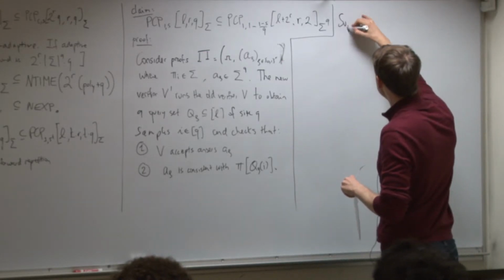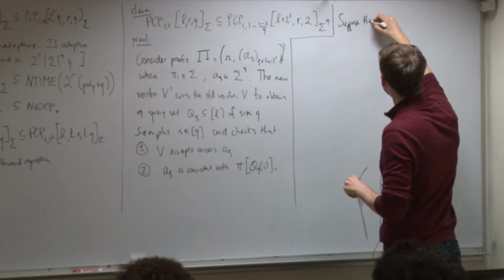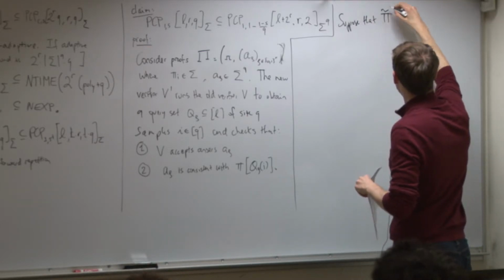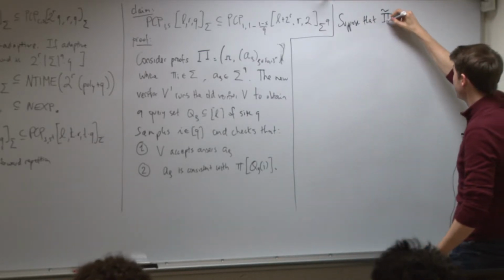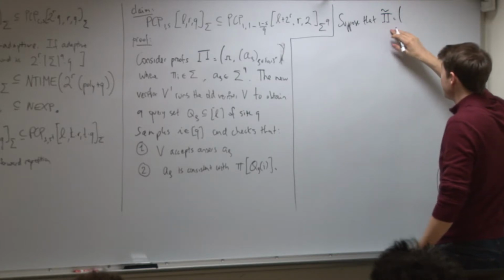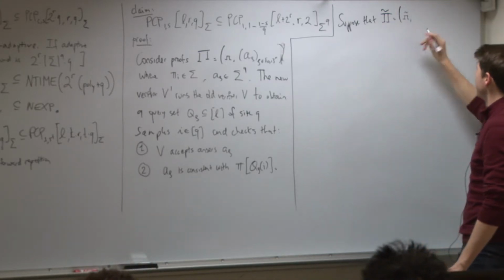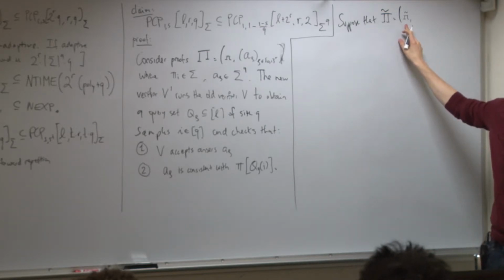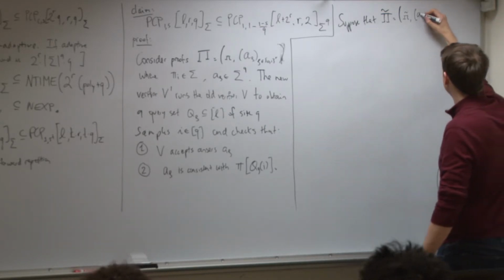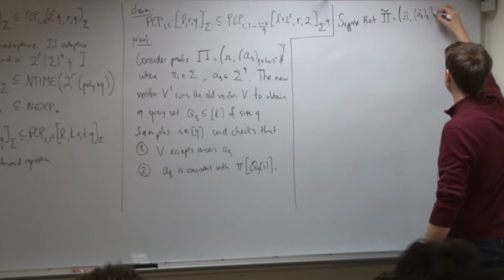All right, so suppose that we have some malicious proof, capital pi tilde, and of course we can take this malicious proof and parse it as made up of some malicious proof for the first part and malicious proofs for the other ones.